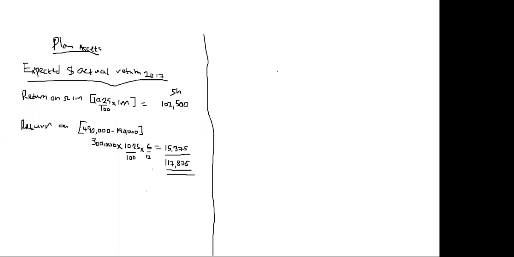So if you look at your problem, the fair value of plan assets as at 31st December 2017 is 1.5 million. Then we less the contributions that were received, which were 490,000, and then we add the benefits that were paid.